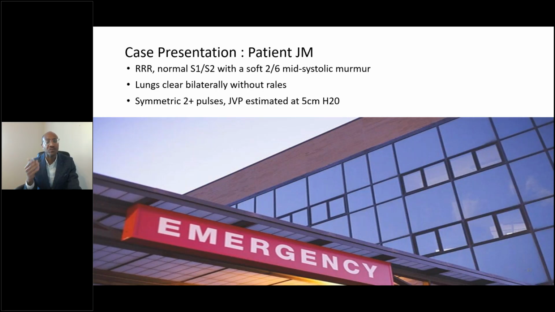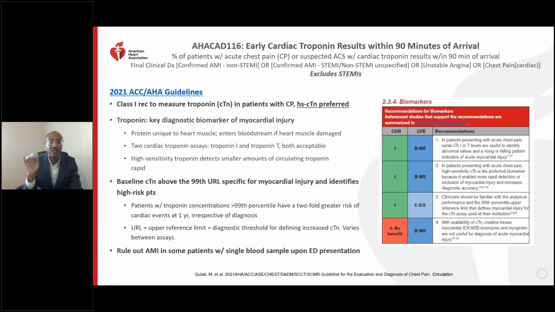And then her jugular venous pressure, measured at 5 centimeters of water, is really suggestive of normal right atrial pressure without evidence of elevated right-sided filling pressures. So this brings us, along with the rest of our comprehensive evaluation for chest pain, to strong consideration of the role of obtaining an early cardiac troponin within 90 minutes of arrival.